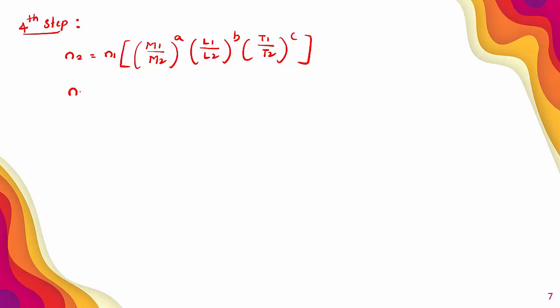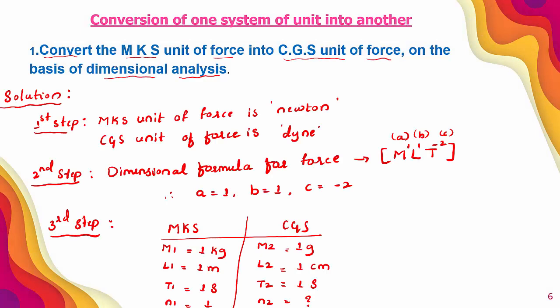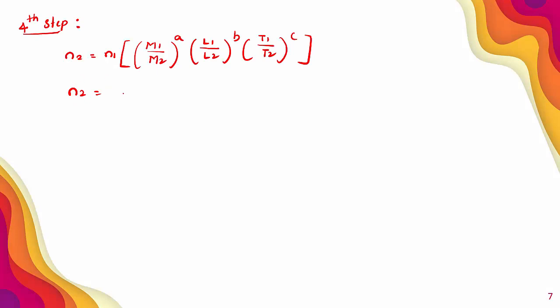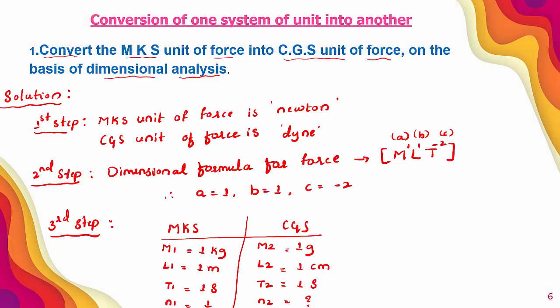Now substitute all the values. N2 equal to, what is the value of N1? Observe this tabular column, N1 equal to 1. So all these values we are going to substitute in this equation. Now I can write N2 equal to N1, which is 1. Remaining is M1 by M2. M1 is 1 kg, M2 is 1 gram raised to A. We already know the value of A: A equal to 1, B equal to 1, C equal to minus 2.